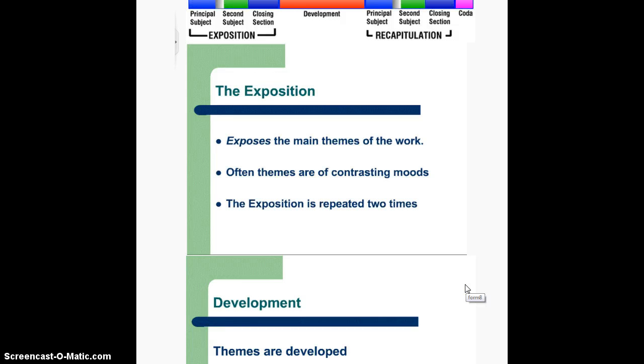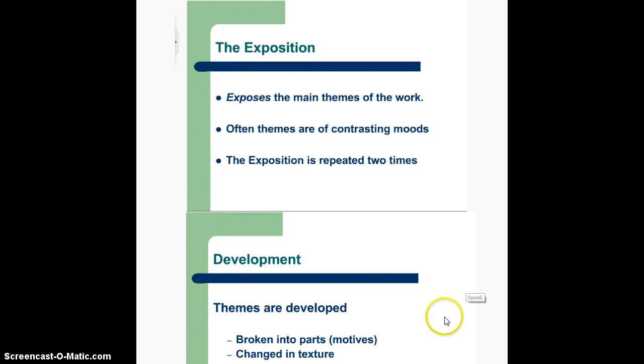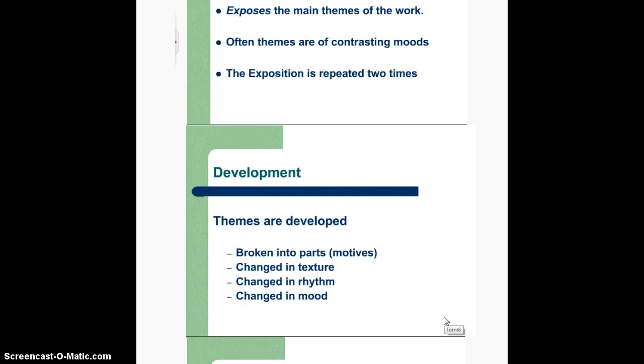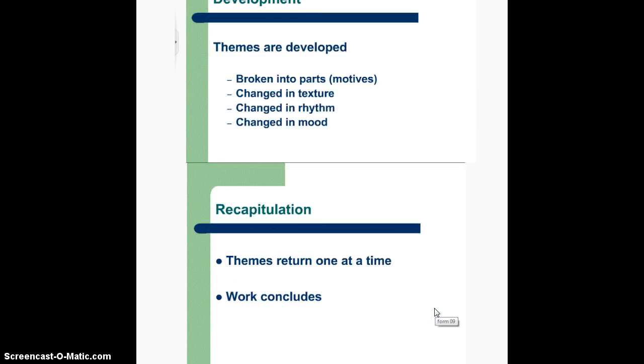Okay, we have contrasting moods, and the exposition is so important for you to hear those two themes that it's repeated 2 times, and they are exactly the same. The development, again, could be broken into all those parts that we talked about in the fugue. They're called motives now, or motifs, and you can change the texture, make it polyphonic, change the rhythm, change the mood, and do all the things that you did in the Baroque.